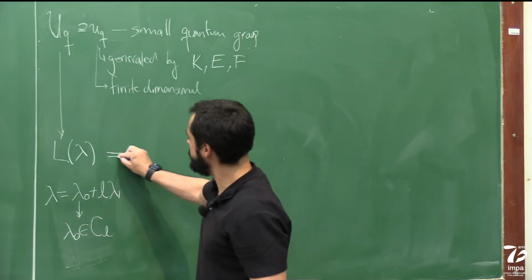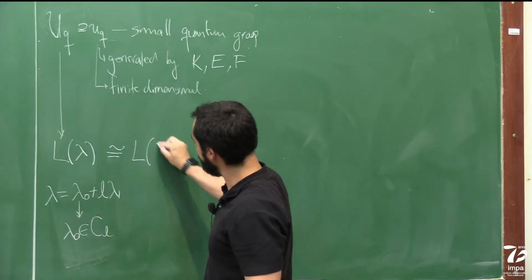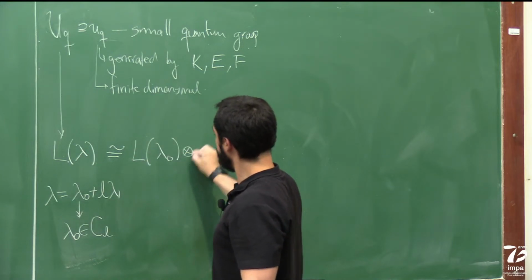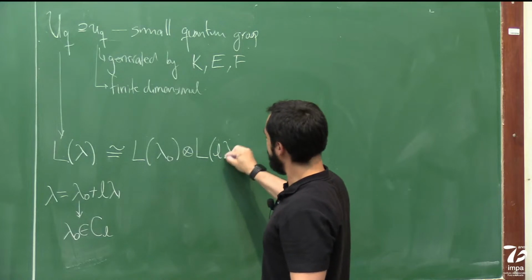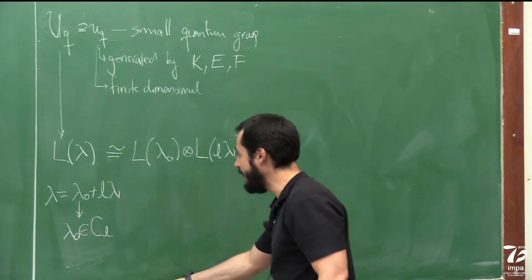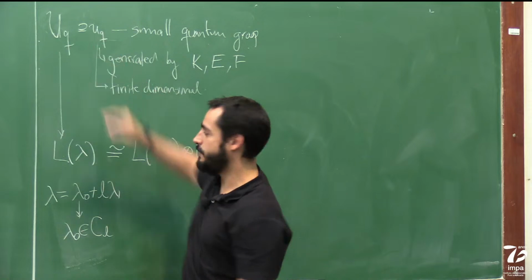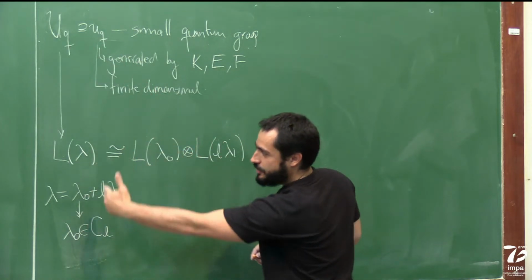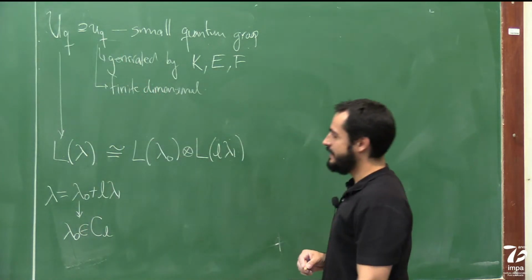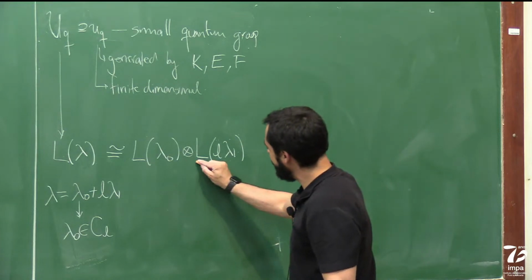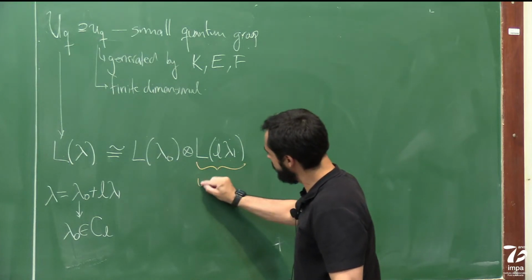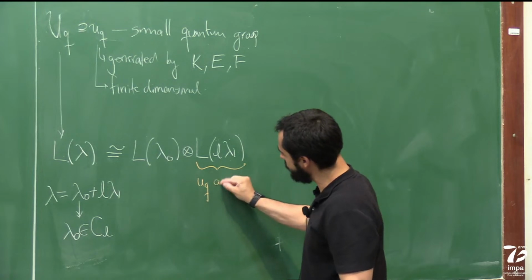And there is a theorem which says that this is isomorphic to L(lambda 0) tensor this guy. When I think of the small quantum group and restrict this module to this subalgebra, the small quantum group u_q acts trivially on it.